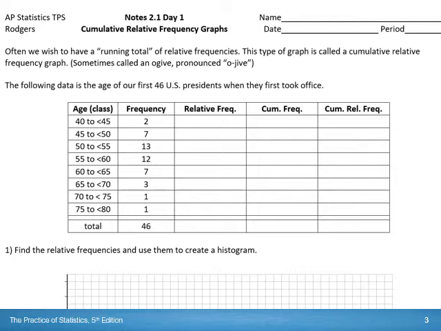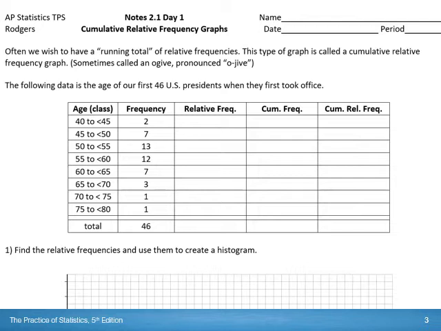And for example, if we look at this data in the table, there have been 2 presidents who have been aged 40 up to, but not including 45. So 2 that are older than 40, but have not reached their 45th birthday. And then there are 7 who are at least 45, but have not reached their 50th birthday, and so on. For a total, as you see in the bottom, of 46 presidents.